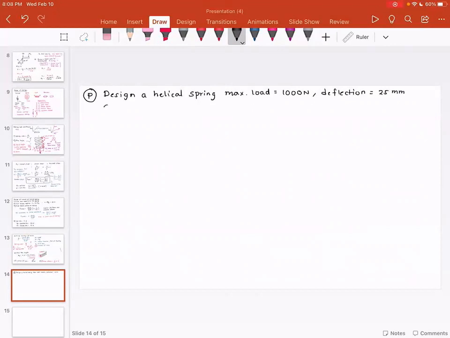The spring index, another name for C, which is capital D by small d, is equal to 5.